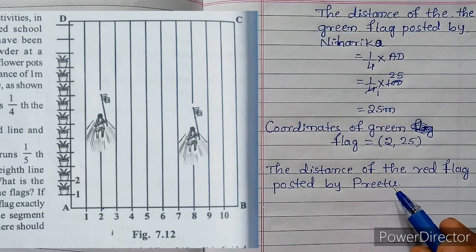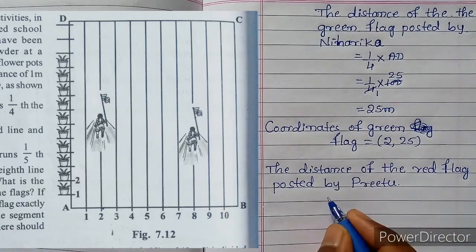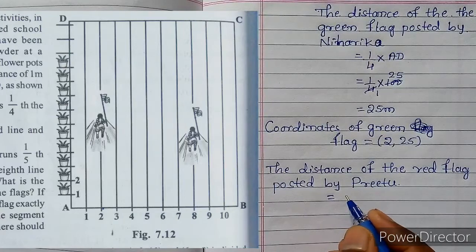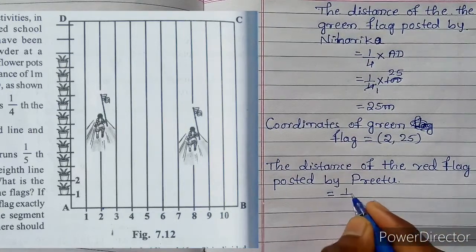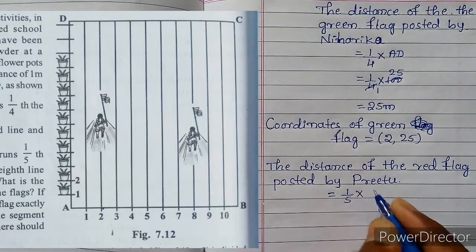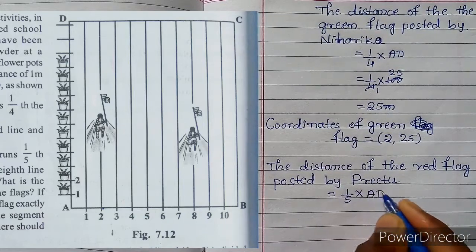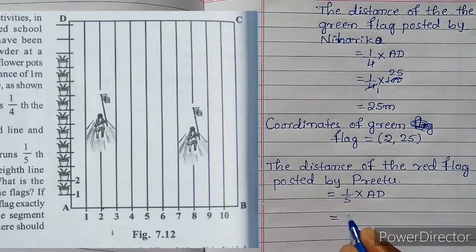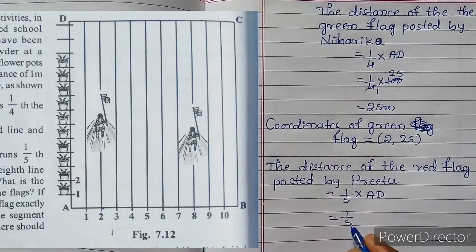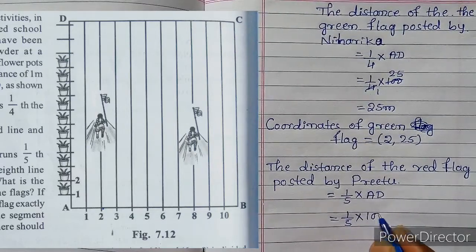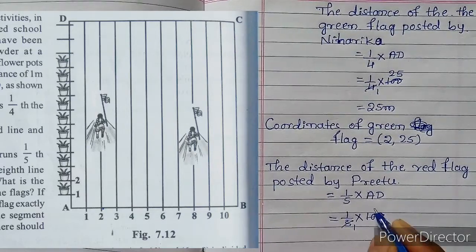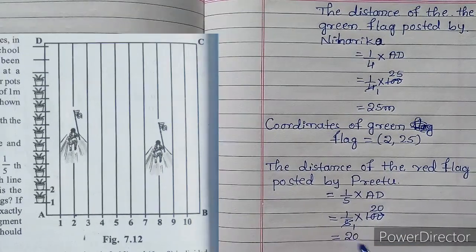Preetu runs 1/5 of the distance AD. Here the length of AD is 100 meter, so that is 1/5 into 100. 5 1s are 5, 5 2s are 10, 0 is remaining as it is. Therefore the distance of the red flag is 20 meter.